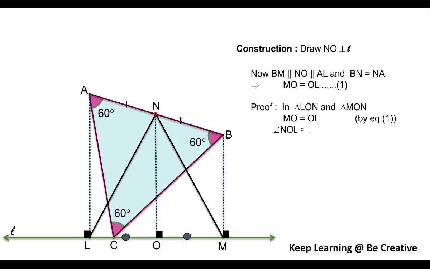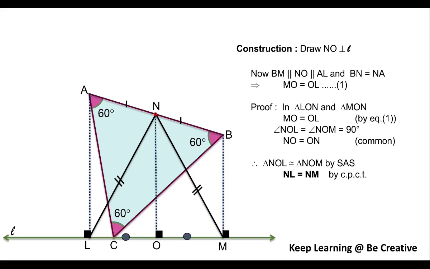What else can we see? We can see that angle NOL is equal to angle NOM, which is 90 degrees, and NO is the common side in these two triangles. So these two triangles are congruent by SAS, that is the side, angle and side criterion. And by CPCT, we have NL equals NM.